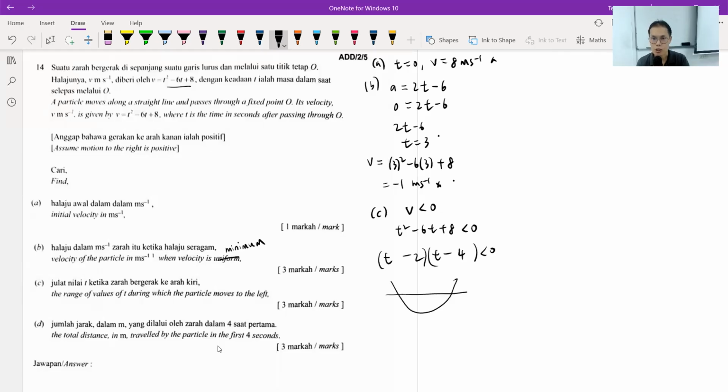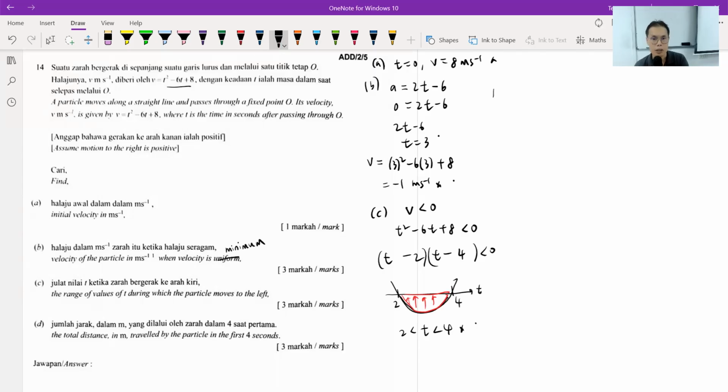Let's do a sketch. We know you should get 2 and 4 here, less than 0. The region should be below. We shade the region below, remember? This is using Form 4, Chapter 2, the concept of quadratic inequality. So the range of values of t should be anywhere between 2 and 4.